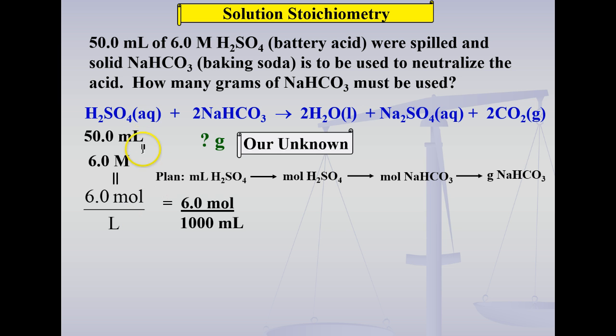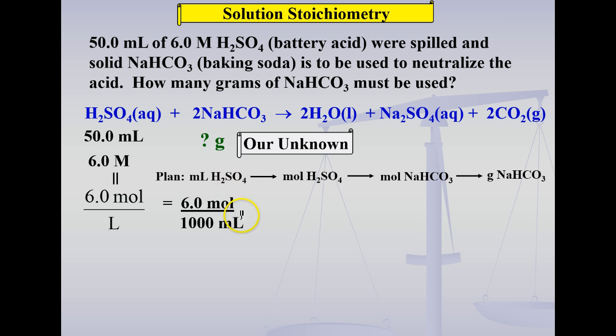We have our given quantity, 50 milliliters of sulfuric acid. We have the molarity, which is 6.0 capital M, but that's equal to 6.0 moles over liter, or 6.0 moles over 1,000 milliliters. And our unknown is grams of sodium bicarbonate. If we take a look at our plan, you start with the given quantity, milliliters of sulfuric acid.